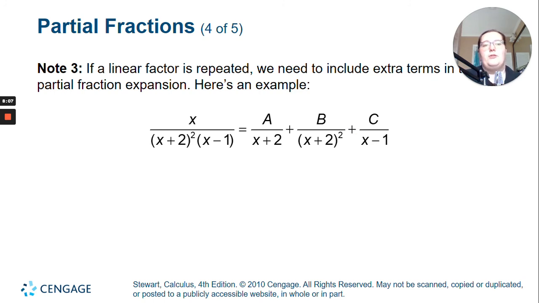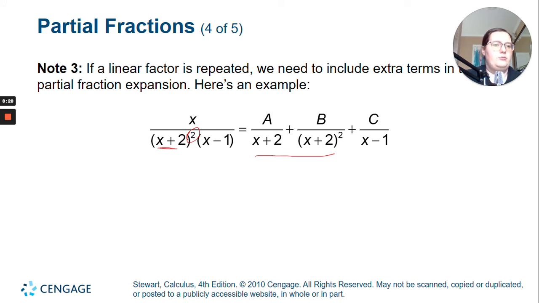If you have a term that repeats as a factor, so here you see I have x plus 2, which is linear. X plus 2 is linear, but it repeats because of this 2 as the exponent, as multiplicity 2. That means that I need 2 fractions in the decomposition. I'm going to need 1 for my x plus 2 and 1 for x plus 2 squared.